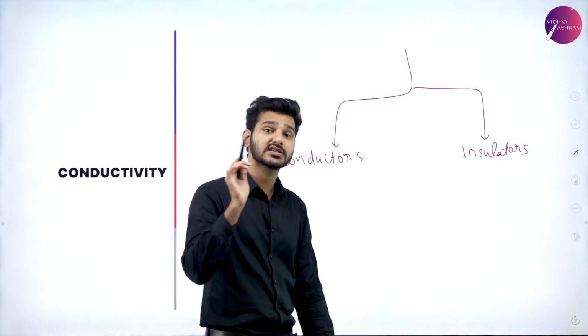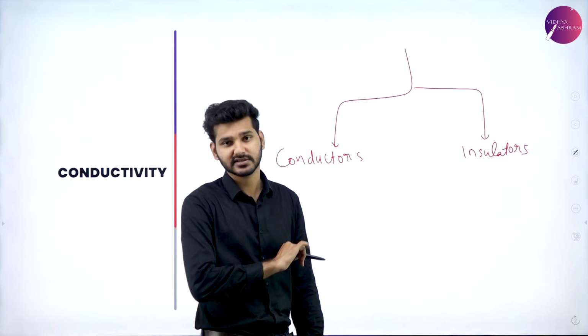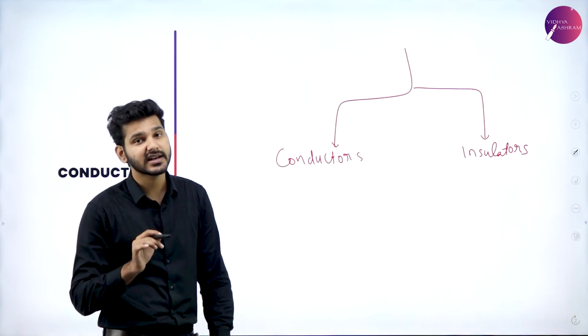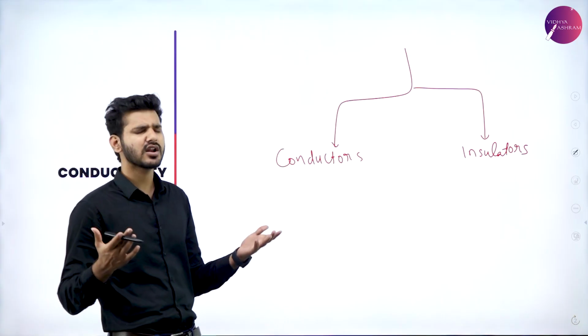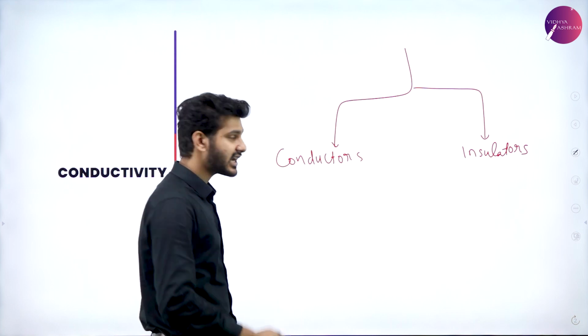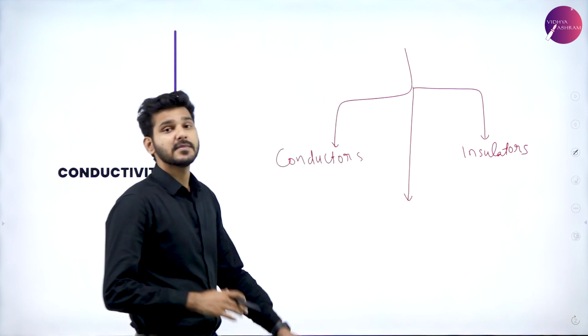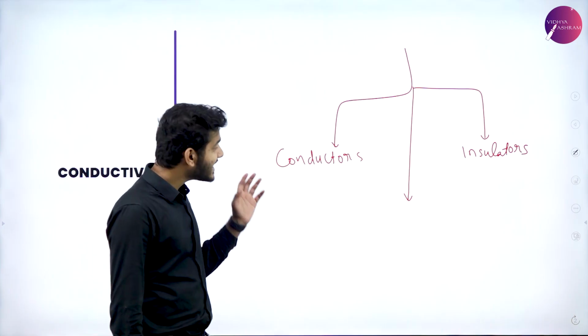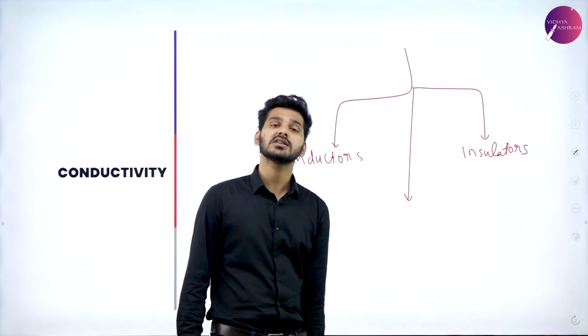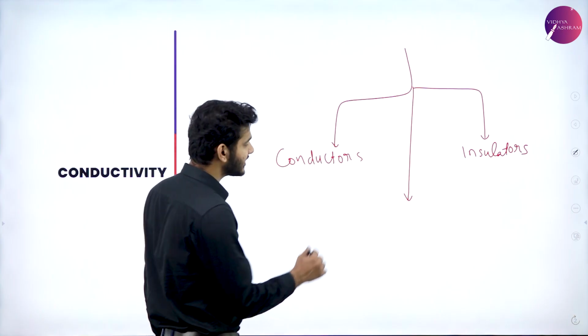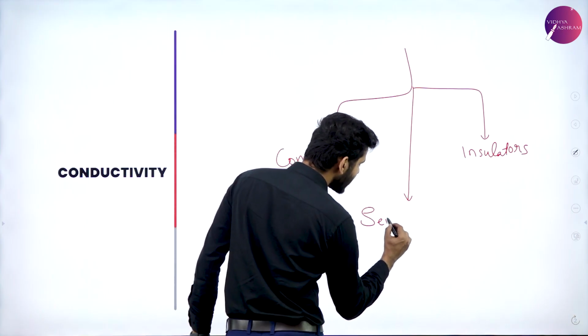This is what you have studied until your high school lessons. But now we also know that high school is not the end and there is a lot of things we have to study. So just like that, we understood that there is one more category of materials which lie in between insulators and conductors, and that type of materials is known as a semiconductor.